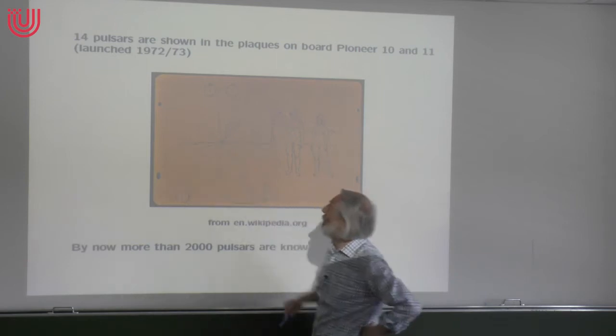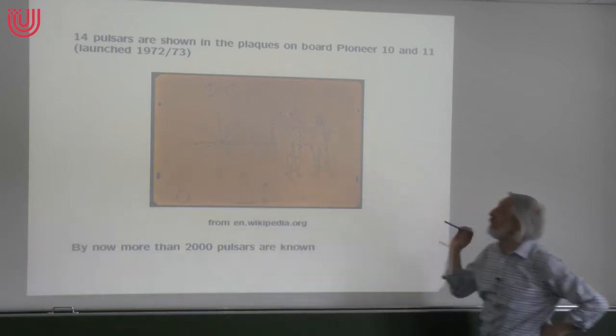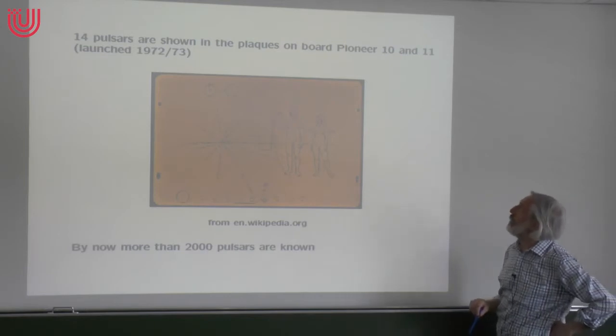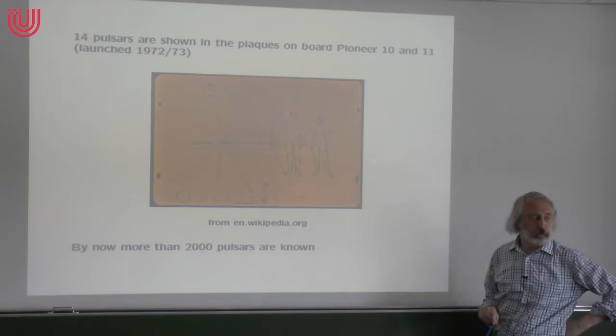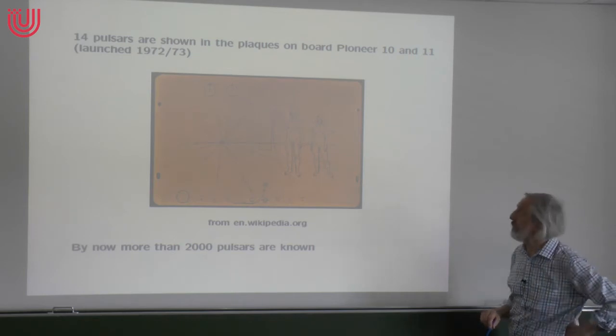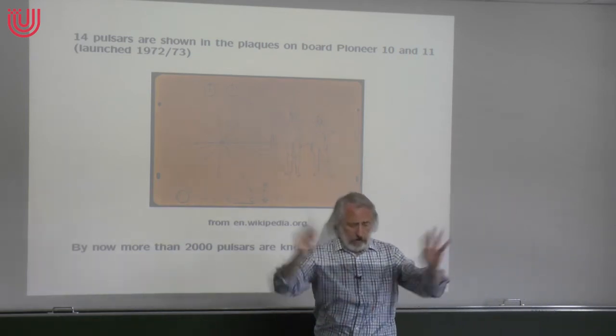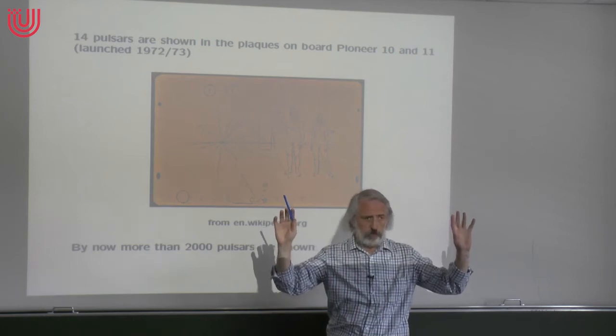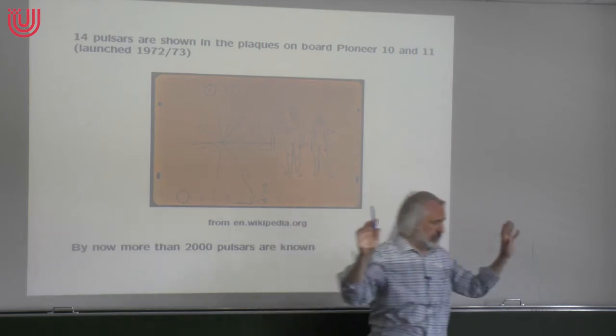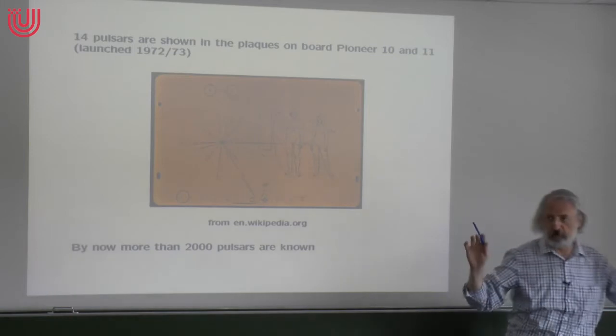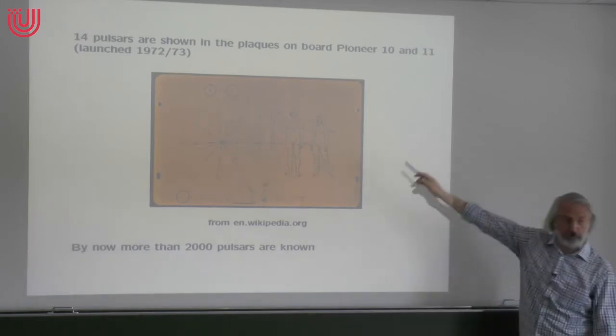Here's the position of the Earth. They were engraved into this famous plaque on board of the spacecraft Pioneer 10 and Pioneer 11. Pioneer 10 and Pioneer 11 were launched in 72, 73. They went out to Jupiter and to Saturn. They produced these marvelous pictures from Jupiter and Saturn. I'm old enough to remember this. Yeah?